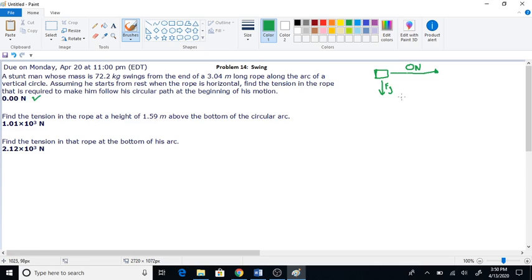Okay? All right, now the scenario changes. In part two, let me erase this. We have the swing. Yes, I am going to erase it. Let's erase this. So this is part two now. Okay, the swing is 1.59 meters above the bottom of the circular arc.